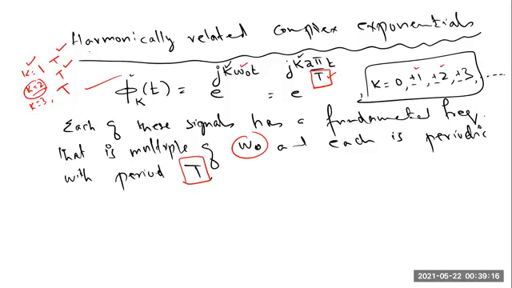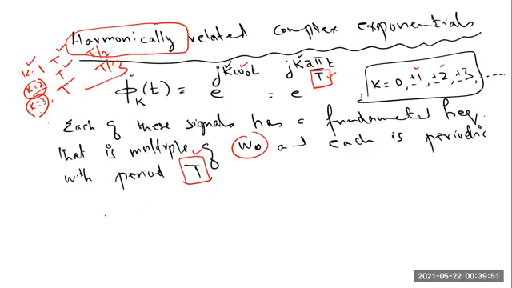For the second signal, the fundamental period is T by 2. For the third signal, the fundamental period is T by 3. But for any signal whose fundamental period is T by 2, capital T will also be its period. For a signal whose period is capital T by 3, T is also going to be its period. And you can keep on changing the value. So why do we call these signals harmonically related? Because all of them have one common period, that is T.